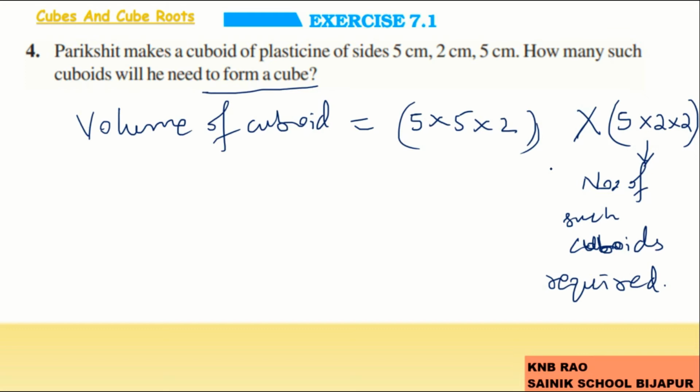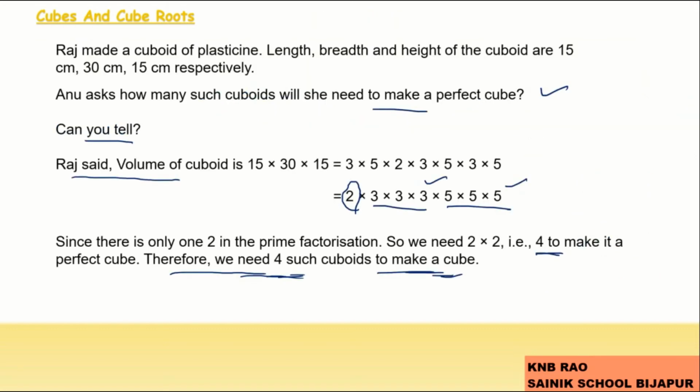For this, you need to write the working steps like how I have shown in this question. Volume of a cuboid is 5 into 5 into 2. We will write like this.